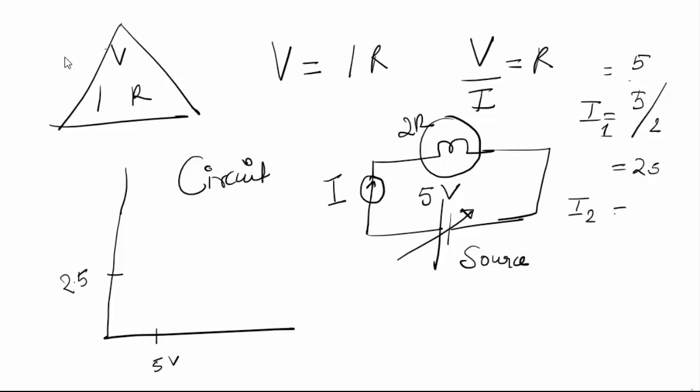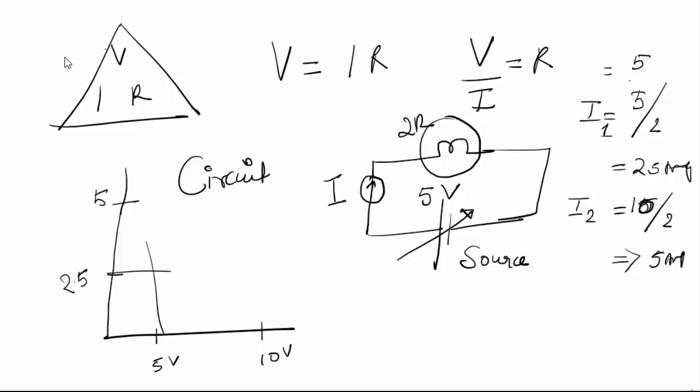Then I have a second observation where I'm increasing the voltage to 10. In that case, the current will increase to 5 ampere. So that is 5 ampere here, and this is the 10 volt which I have put, and I'm plotting a graph of this.